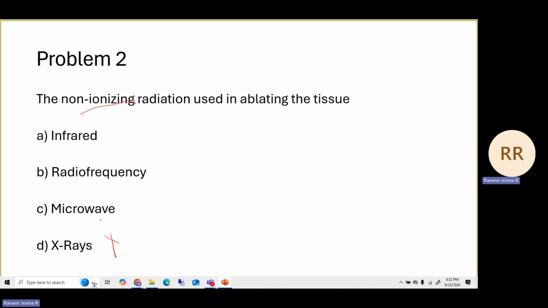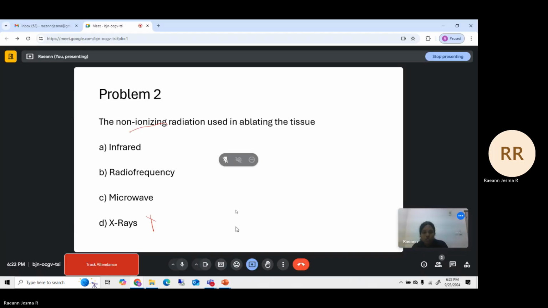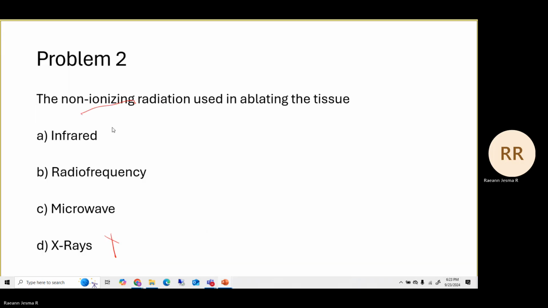So among these three, which of them is used in ablating the tissue? The correct answer here is radio waves. Okay.